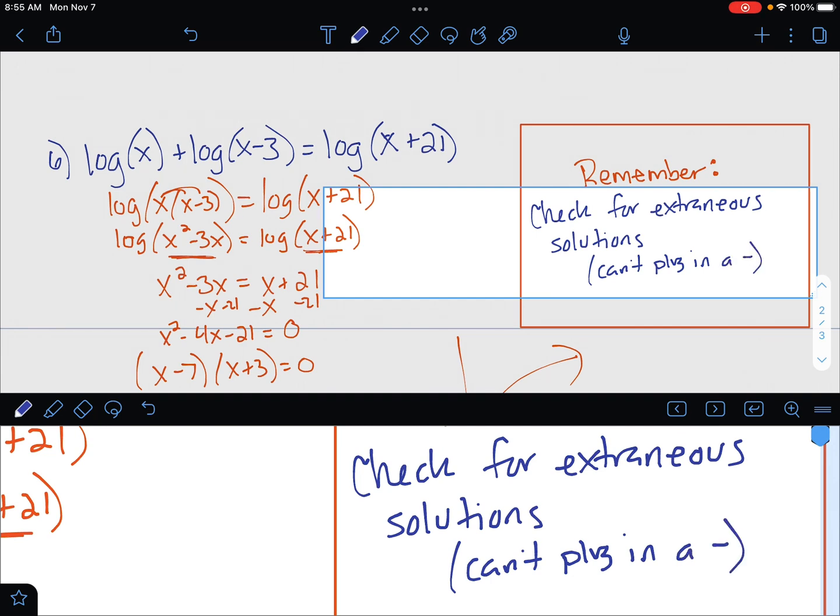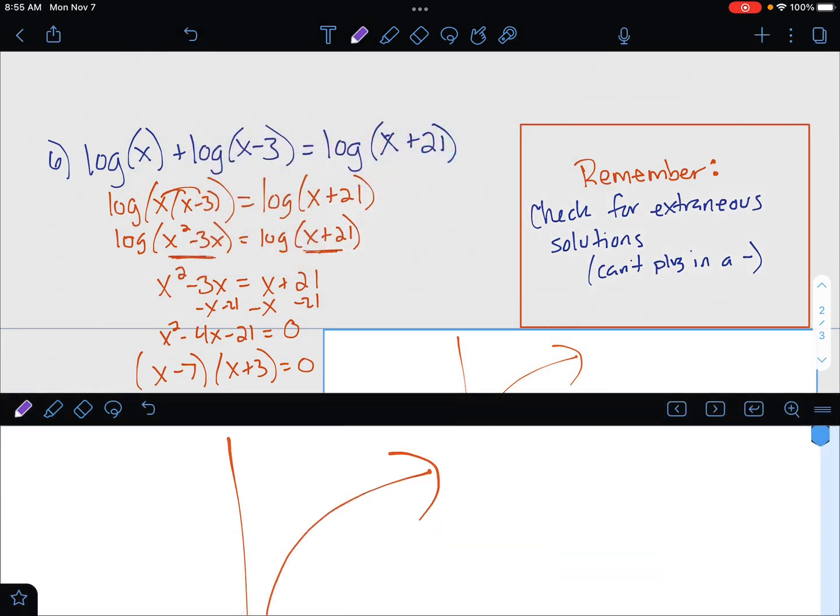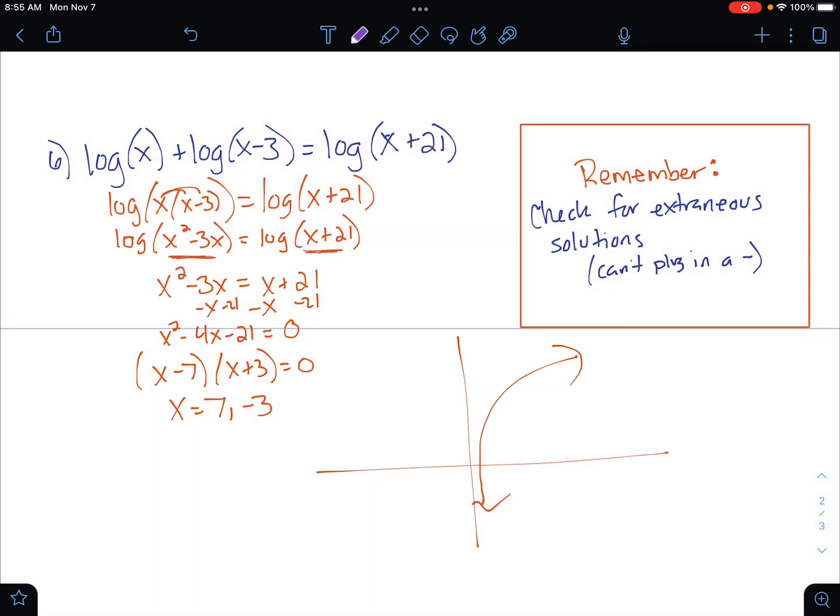So if I come back up here to the very original problem, my two answers are 7 and negative 3. Well, if I plug in 7 to each of those, I would have log of 7, which we can do, plus log of 7 minus 3, which we can do. That's fine.